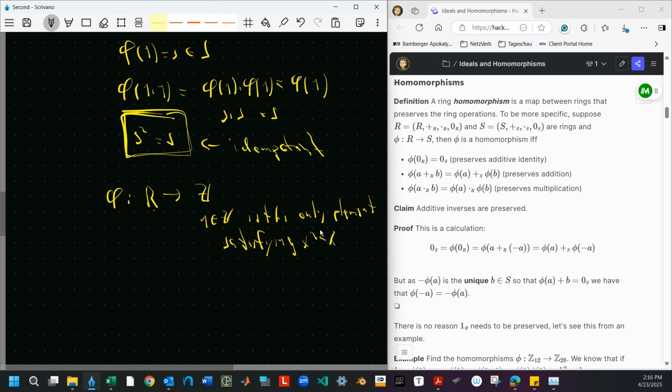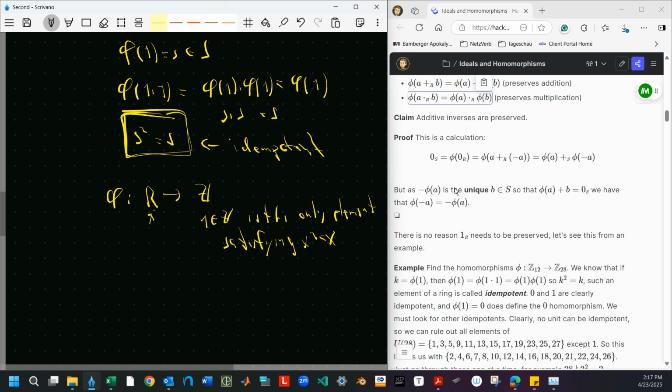That's the only one in the integers, right? So any homomorphism at all, as long as there's a unit here, will have to map the 1 to 1 because the only idempotent in Z is 1, right? So that's an example there. But there are other rings where there are many idempotents, and we'll look at an example of that in just a minute. I think that's all I wanted to say.